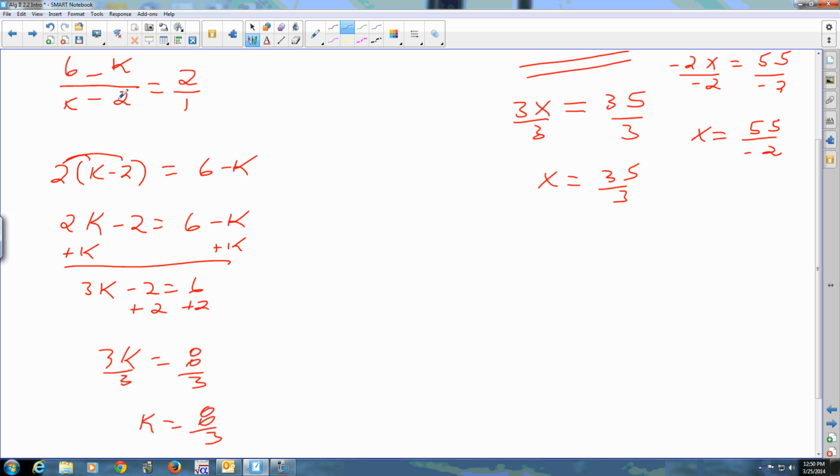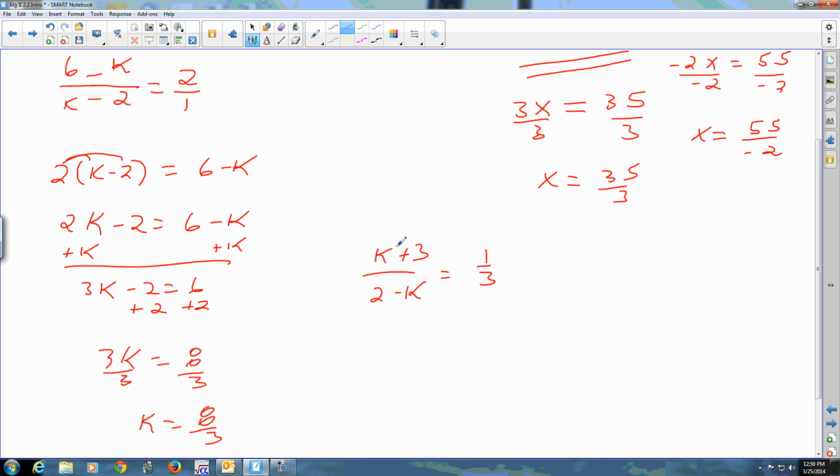Okay? And it doesn't matter where the variables are in this thing. If you guys had, I don't know, k plus 3 over 2 minus k is equal to a third. I'm just making this up. Here the k was second on the top, first on the bottom. Now I switched them. It doesn't matter, you guys.